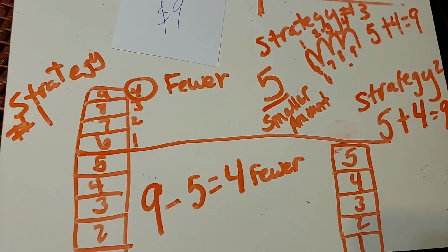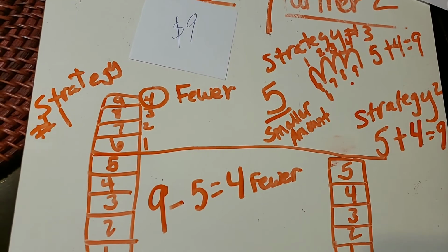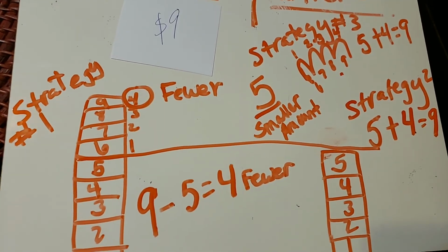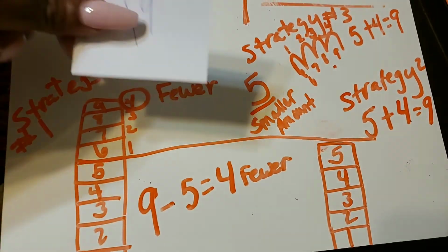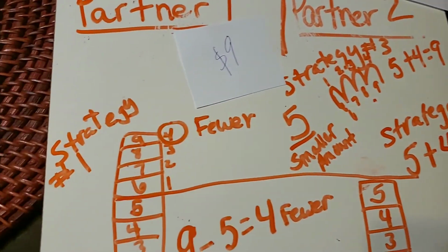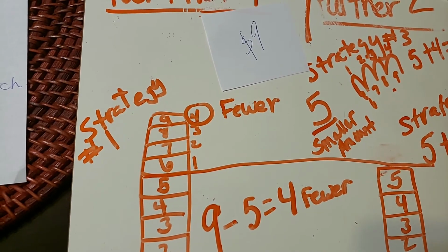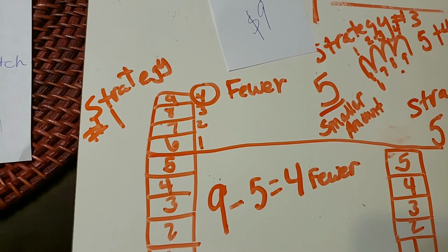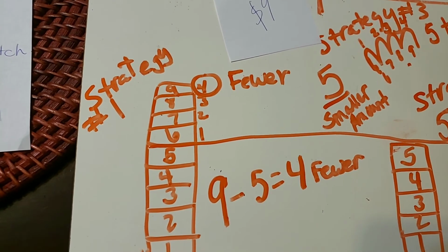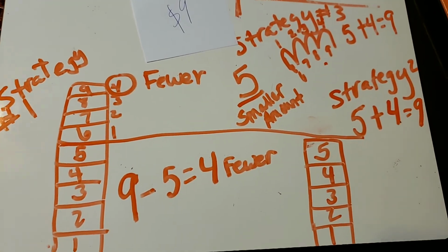So in your independent packet that you should have gotten in your distance learning packet, I want you to play this game with someone in the house. You can make little cards out of pieces of paper just like I did and match the strategies. See if you can match any of these strategies. I want you to always be sure to explain how you know which one is fewer.